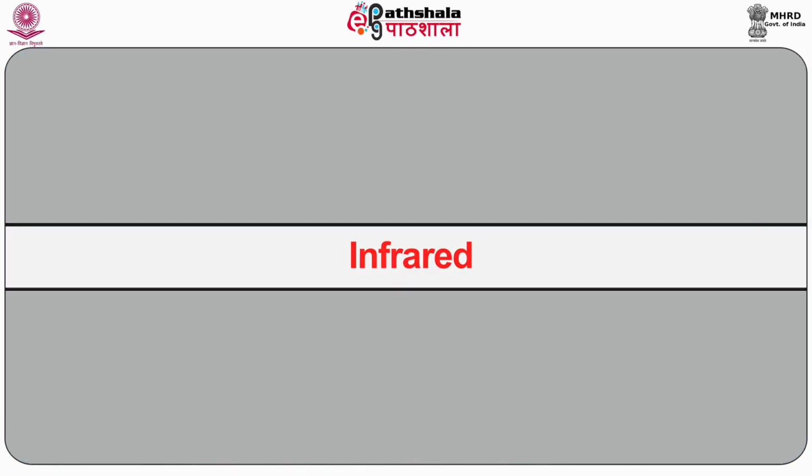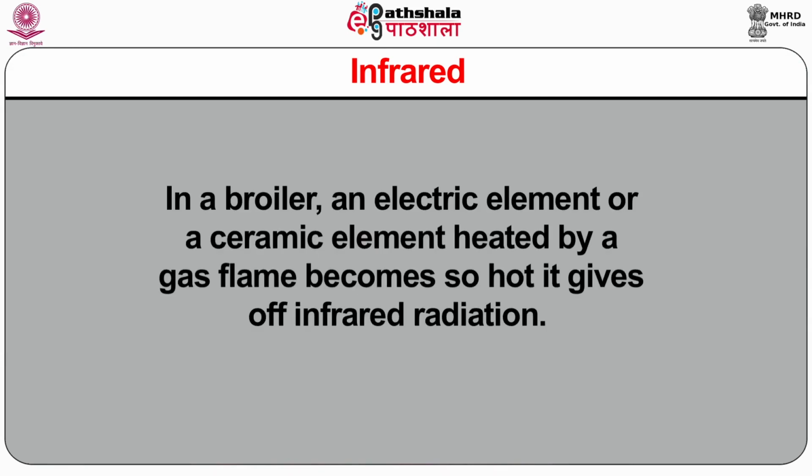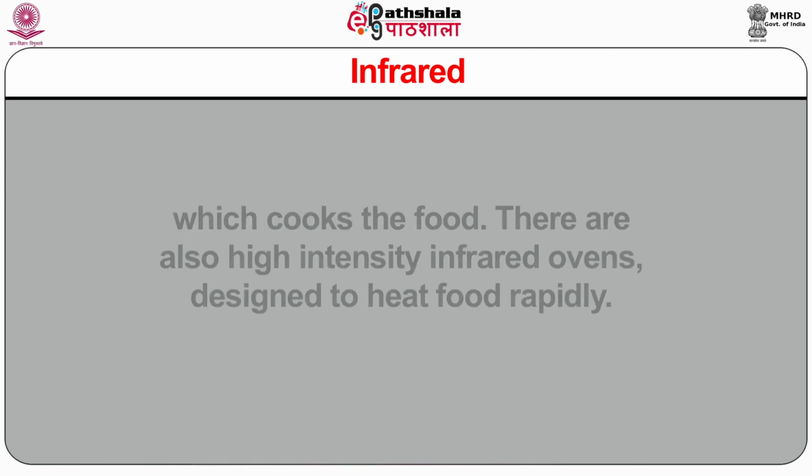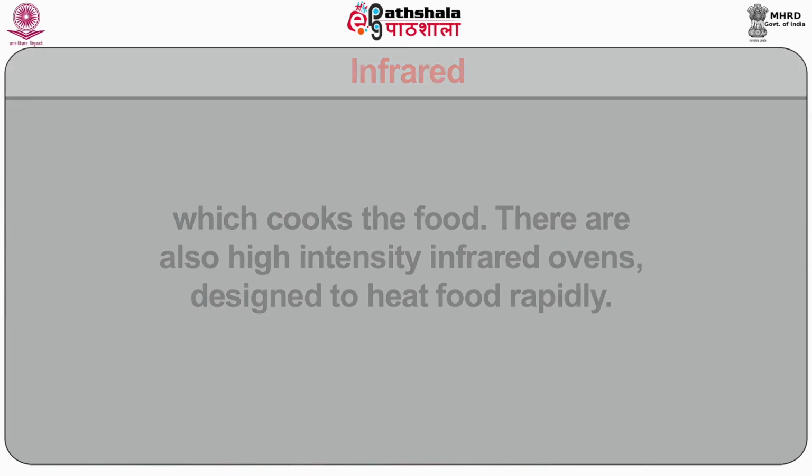Infrared: broiling is the most familiar example in infrared cooking. In a broiler, an electric element or a ceramic element heated by a gas flame becomes so hot it gives off infrared radiation, which cooks the food. There are also high-intensity infrared ovens designed to heat food rapidly.